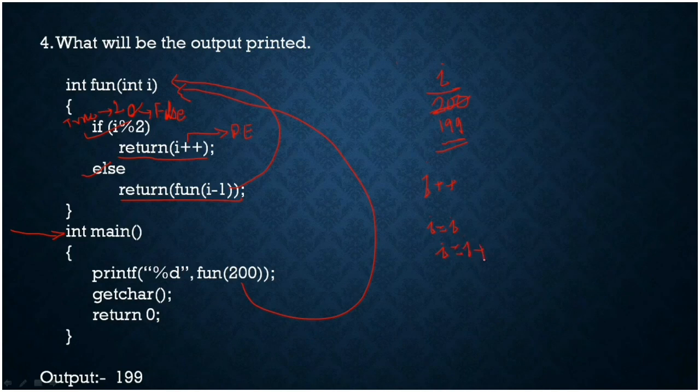Means first the value will be assigned, then the value will be incremented. Means return 199 to this one and then increment the value of i. So 199 is returned here and then the value is incremented to 200. So what will be the output? 199.